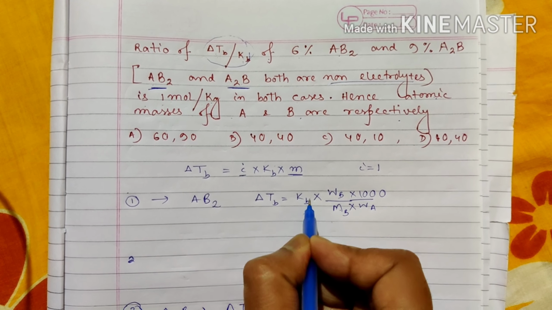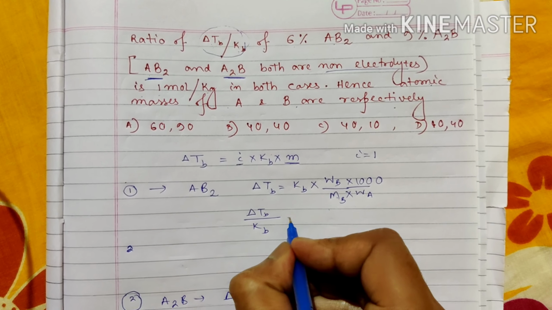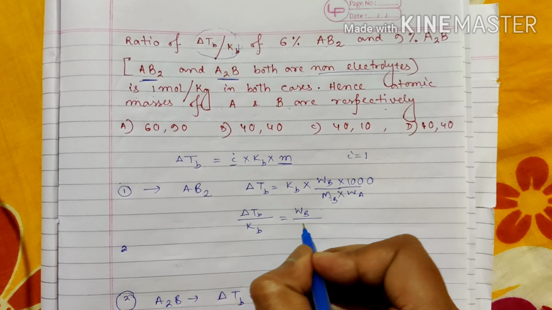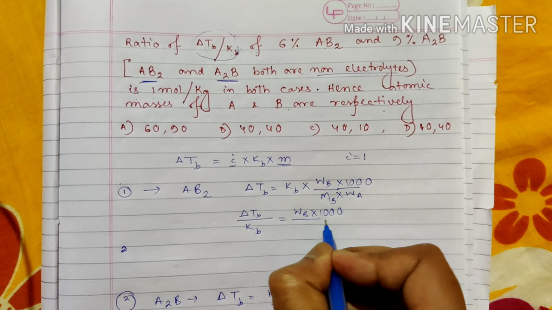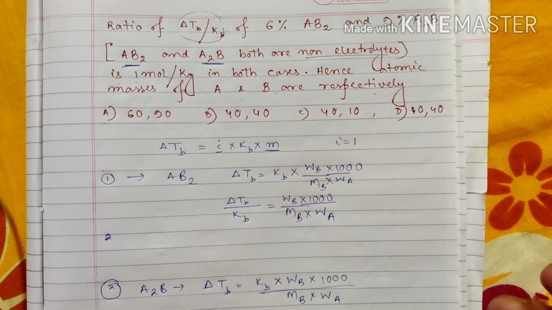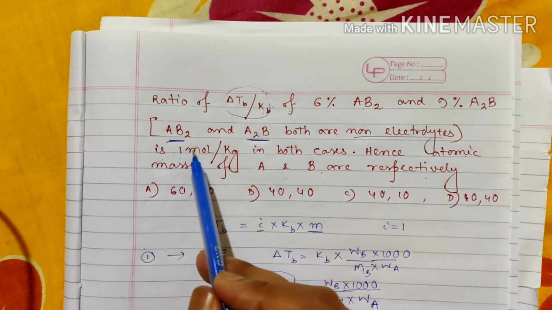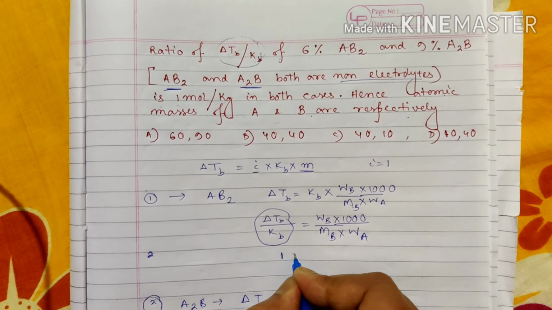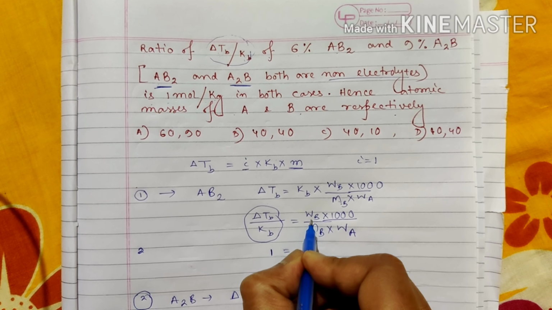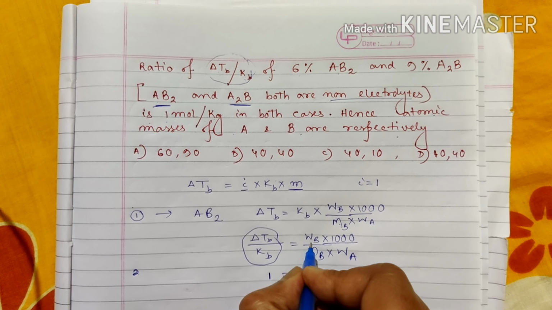So let us prepare the ratio delta TB by KB. Now it becomes WB into 1000 divided by MB into WA. Now this much is equal to 1.